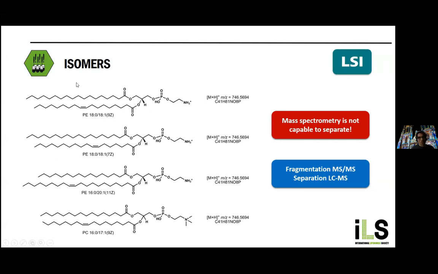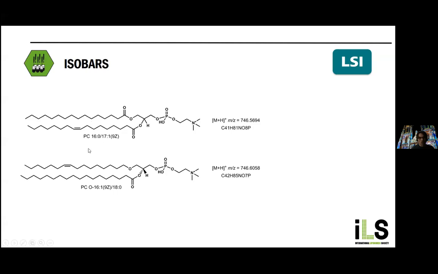So what is in contrast to isomers? Isomers have exactly the same molecular formula; an isobar does not have the same molecular formula. Here you have, for instance, a PC diacyl species and a PC which has an ether bond in one position. You see this is 33 carbons, and here we have 34 carbons.